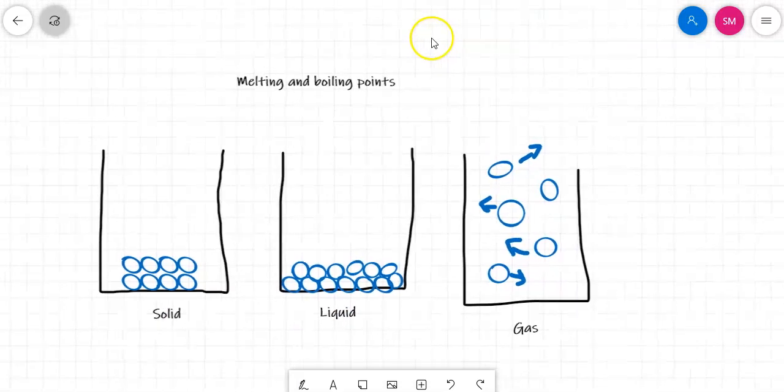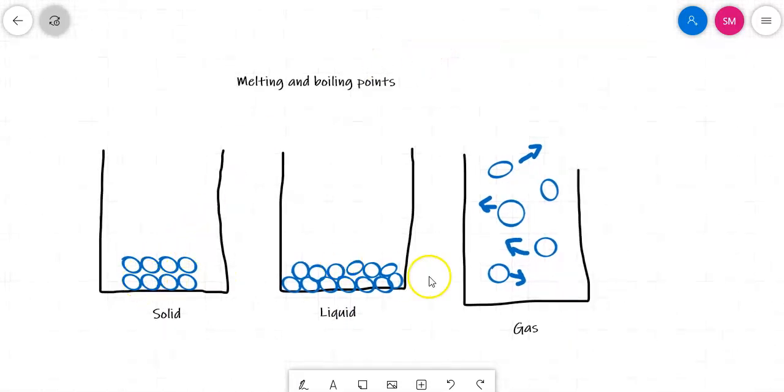If you remember, the differences between solid, liquid and gas states are that for solids there are strong forces between particles, and so the particles in a solid are not able to move past each other, and they will use up a fixed space. They will not flow and use up any of the room in a container.